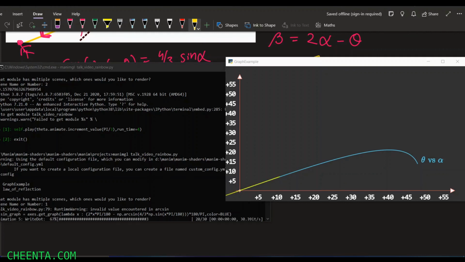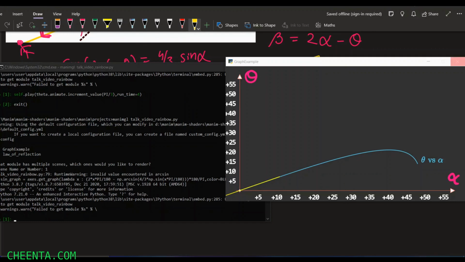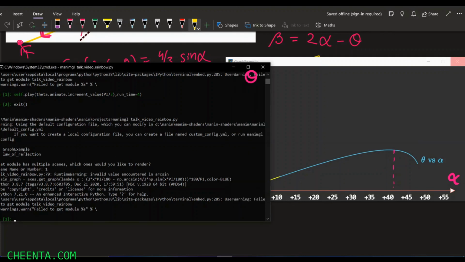This axis is theta and this axis represents alpha, and you can see that at this particular value we have a maximum of this function. So I have drawn a tangent and I will slide it along this graph, and at the point where it is parallel, there will be the critical points, and in the graph we can see that it is a maxima. So I am 100% sure that it will be a maxima.